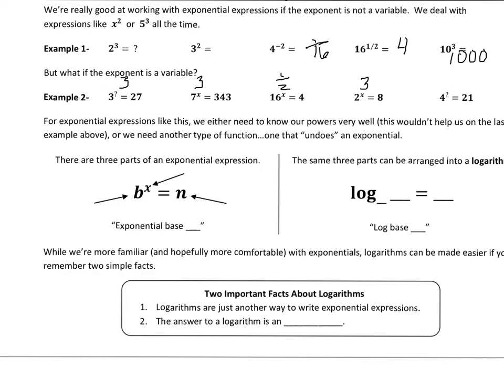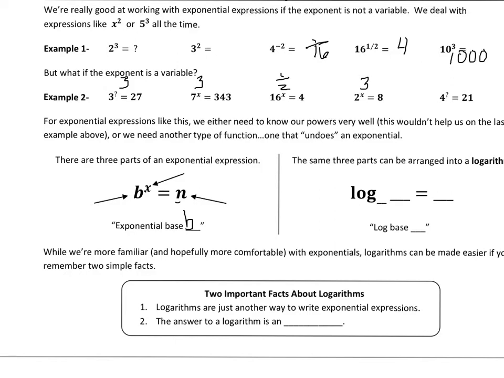So now there's 3 parts to an exponential. Okay, we have the base is b, the exponent is x, okay, and the expression is n, it equals n, and this is read exponential base b. Now, we can rearrange those same 3 parts and make a logarithm equation, okay?